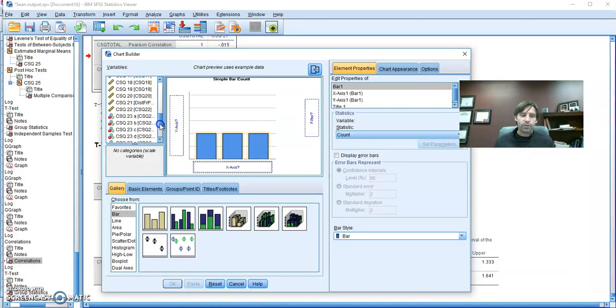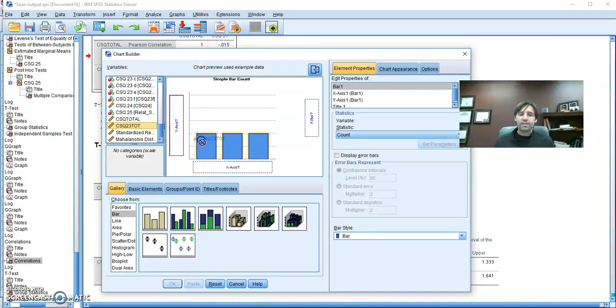So for instance, we're going to look at the CSQ23 total. So that's the number of methods that people are employing. And so if you want the mean for that score and it's a scale, normally a scale would go right here. So your ruler goes here on the left, and it's going to populate something vertically for you with your bars.